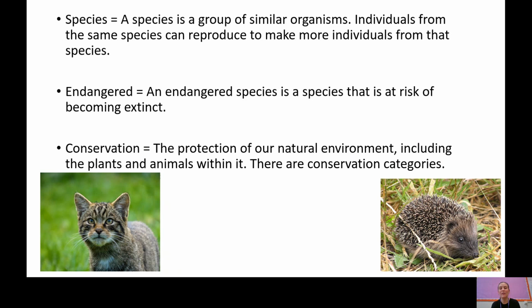And there are different conservation categories. I wonder if you could either have a think, jot it down, or if there's someone next to you learning with you today, I'm going to give you 20 seconds to see if you can remember the three top categories that we discussed last lesson.